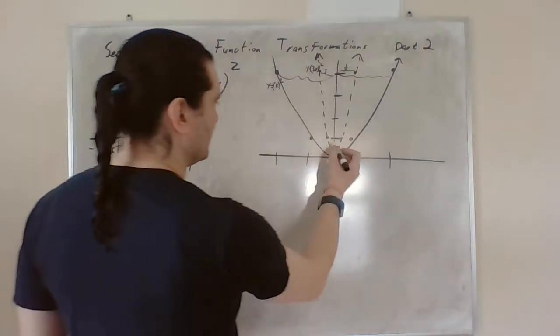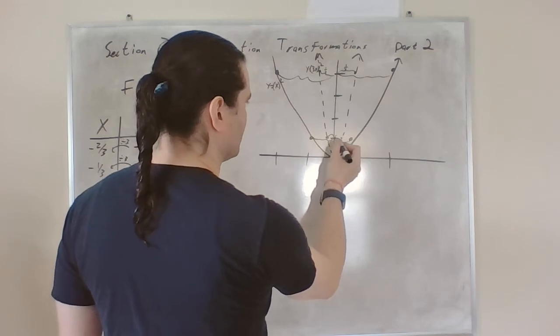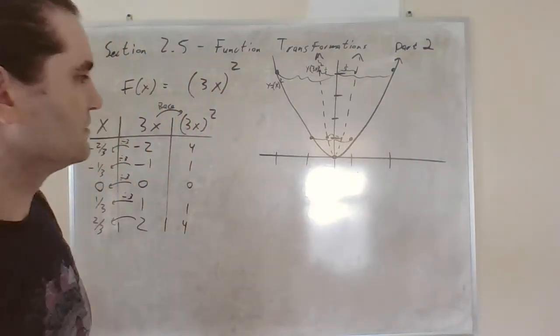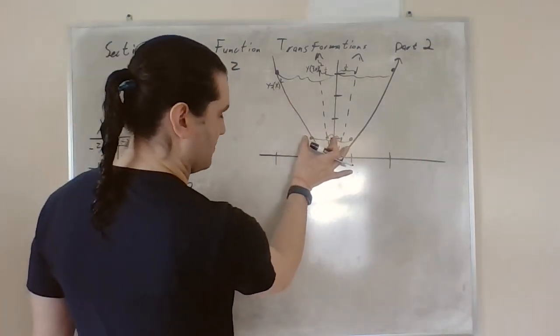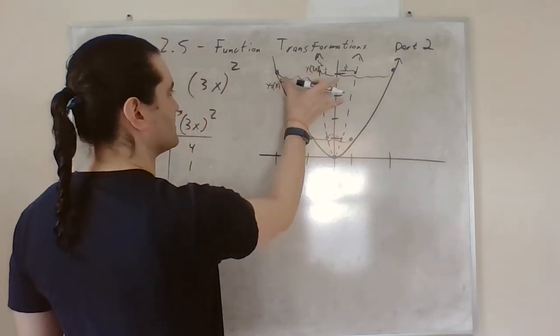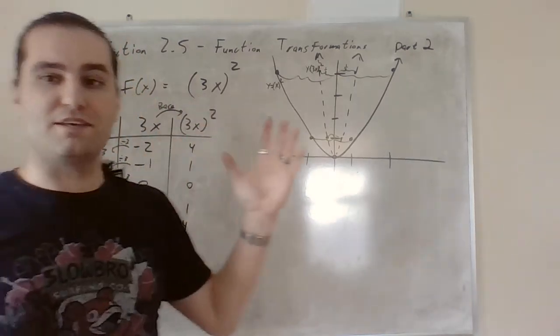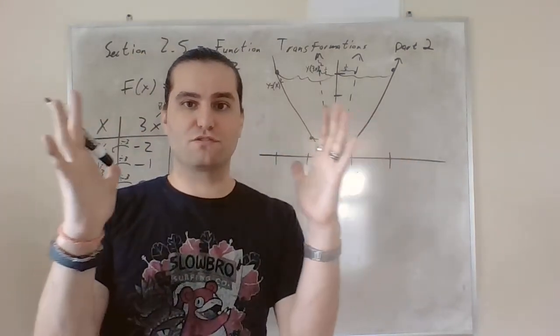Same thing down here. This distance got cut in thirds. So we used to have a big horizontal distance here, now we have a tiny horizontal distance. Putting the 3 on the inside created a horizontal squish.